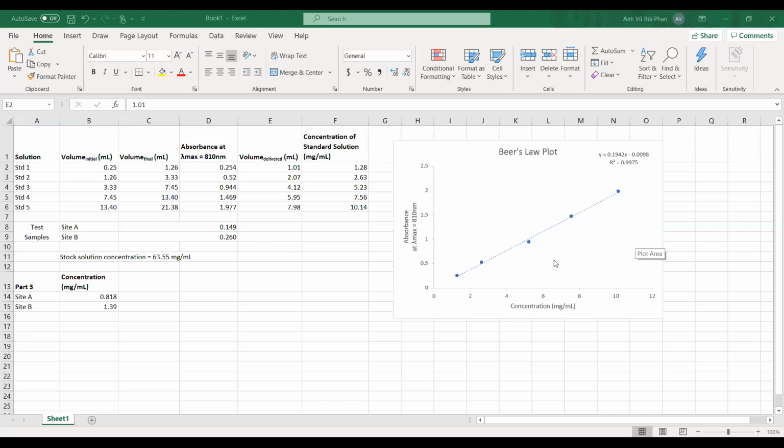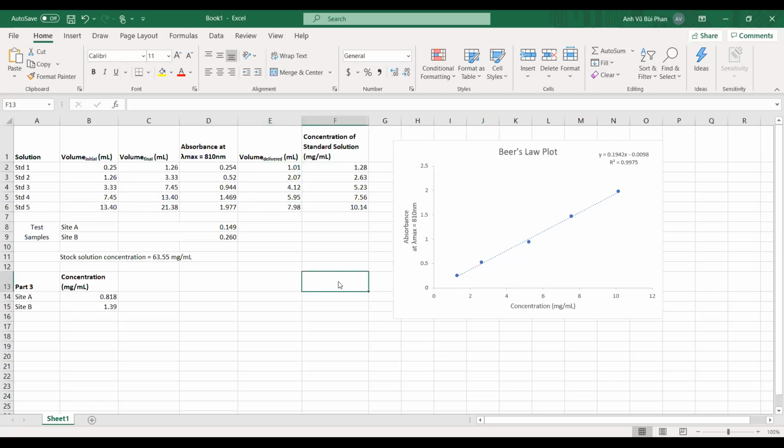All right, so we have the graph right here, the Beer's law plot title to the right, and the graph consists of the two numbers coming from the absorbance that was given, and the concentration which is calculated from part 1. So the absorbance is representing the y-axis, while the concentration represents the x-axis. Also, we added a trend line and the equation of that trend line in the graph.